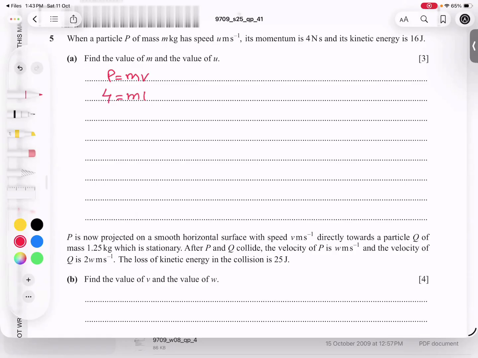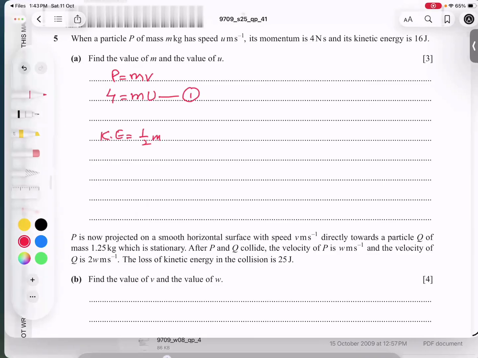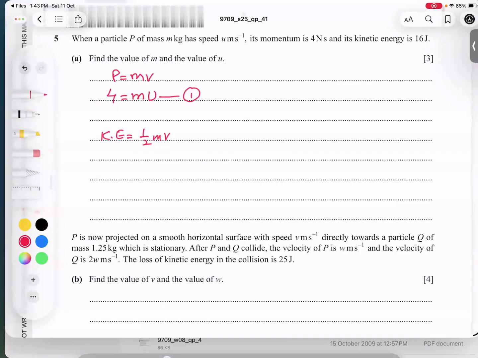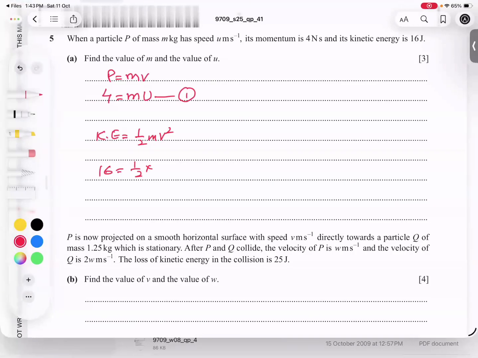Now kinetic energy. What is the kinetic energy formula? Half mv square. Kinetic energy is 16, mass is m, and speed is u. So I got mu square equals 32.